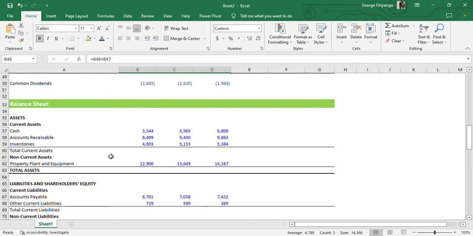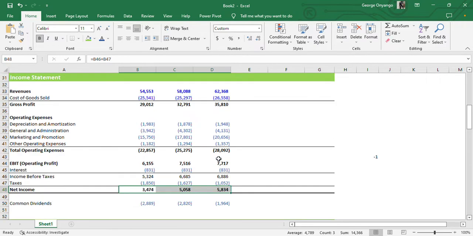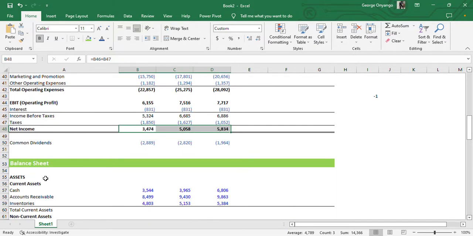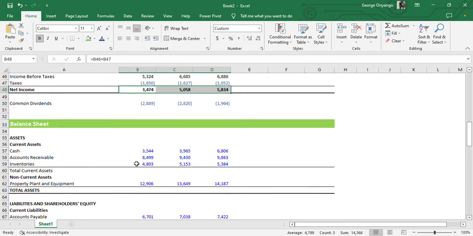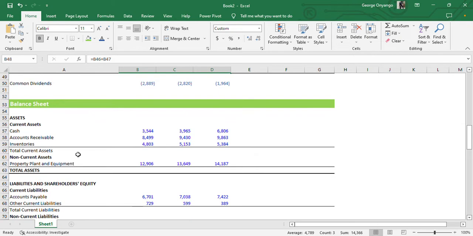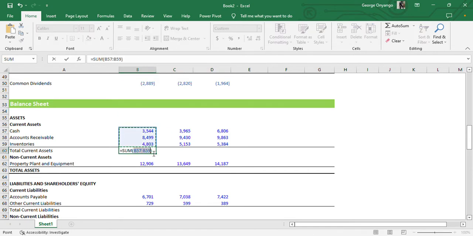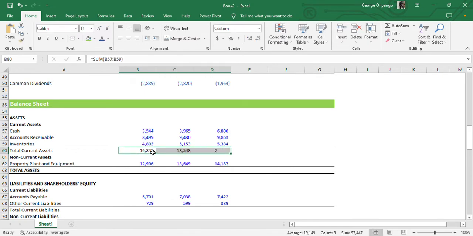So after completing the income statement, we will be going to balance sheet, and the information which has been provided here, as you can see, we have cash, we have account receivable, and we have inventories. So to get the total current assets, we're just going to do that. Then we fill right.